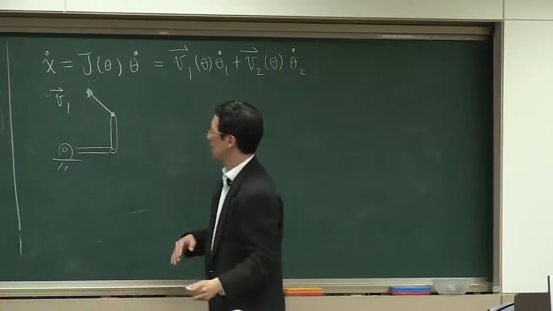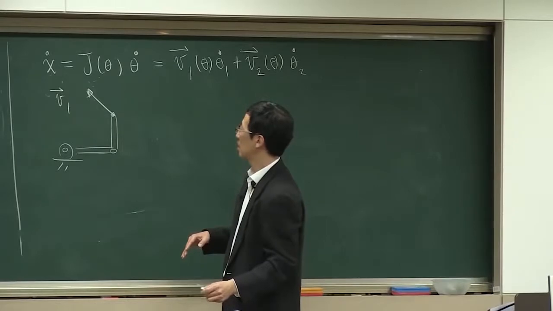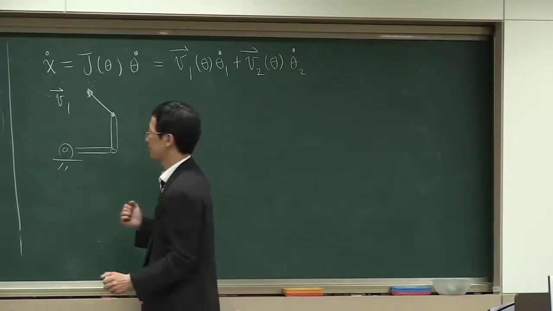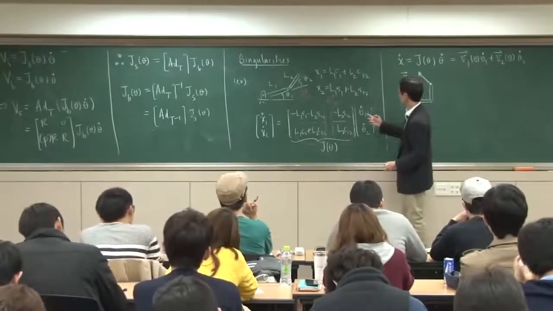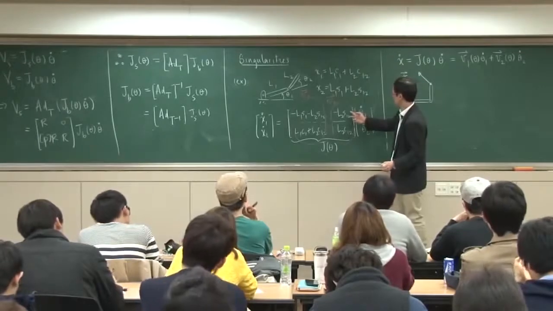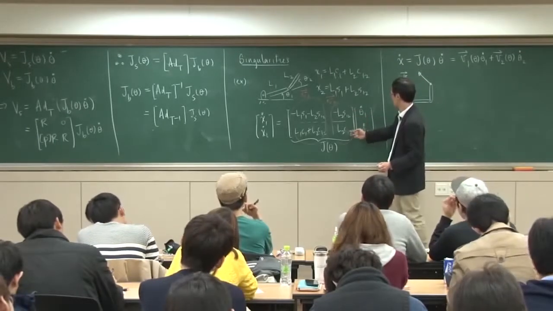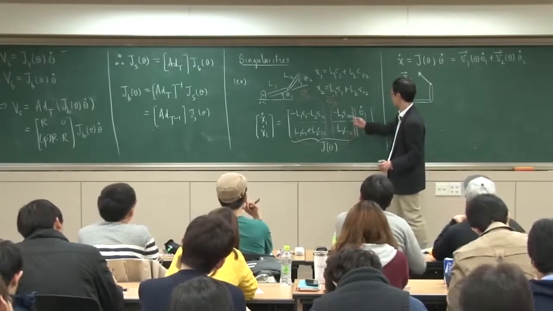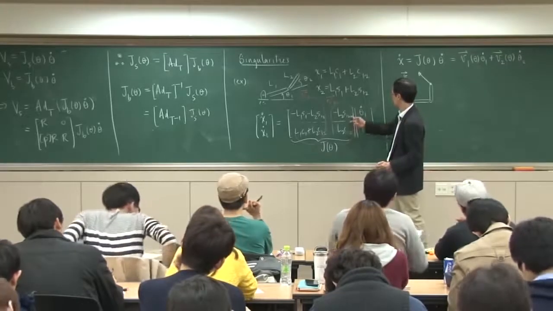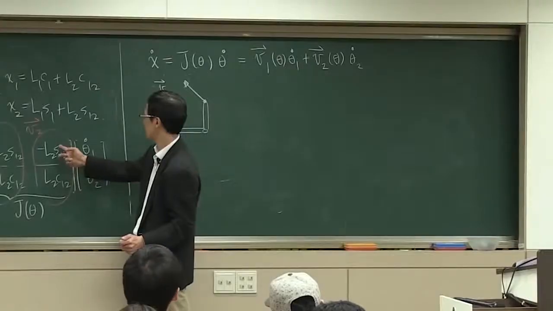And v2 points in which direction? 0, cosine of, sine of minus 8.